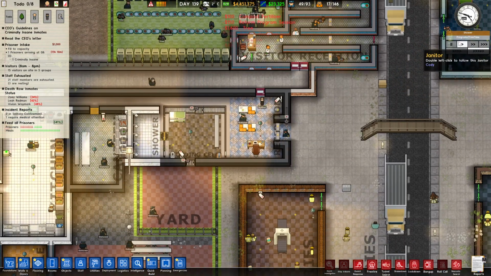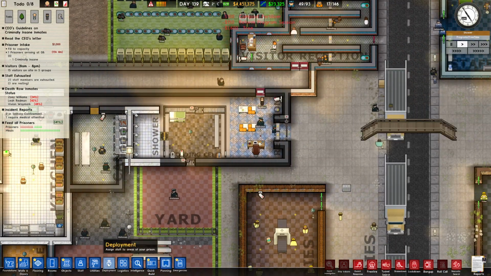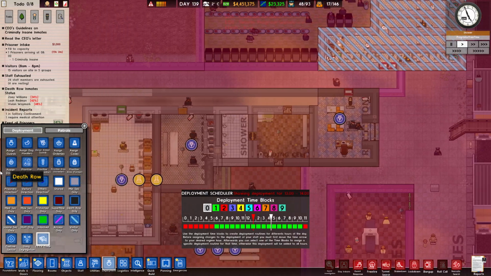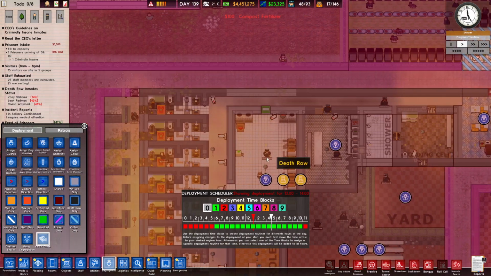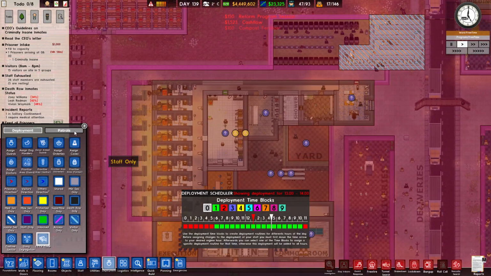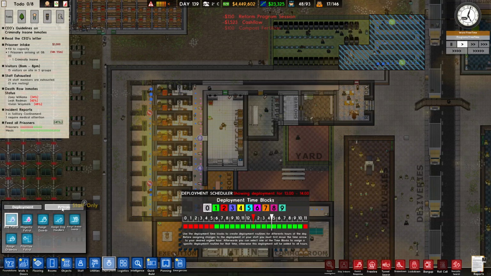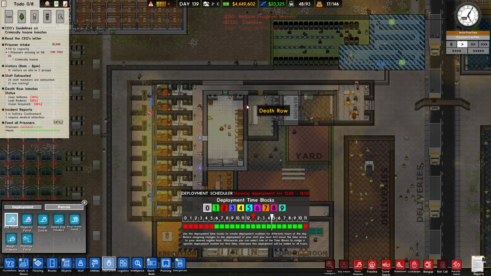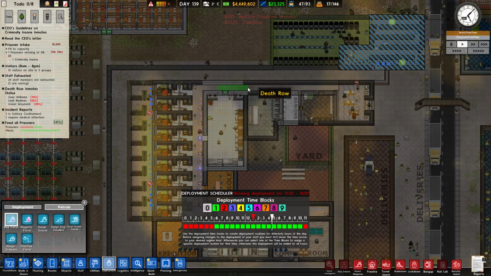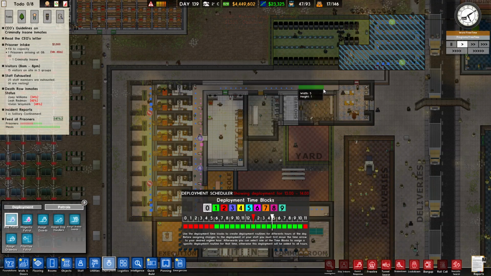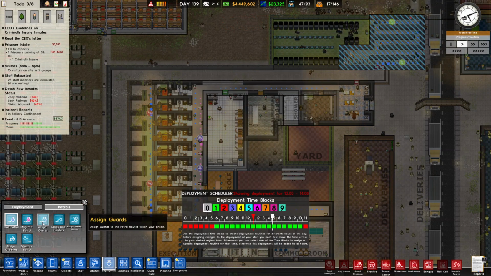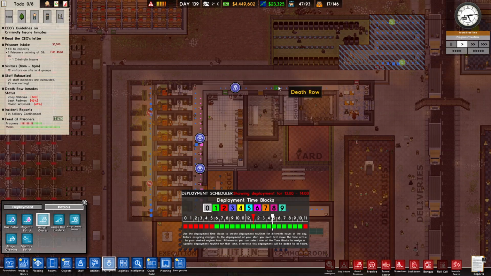I'm going to need some more staff in here. I forgot it's set up as... One there. Where's the patrols? Get past that. And that's not a challenge.